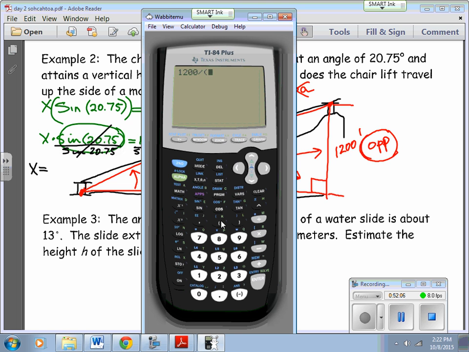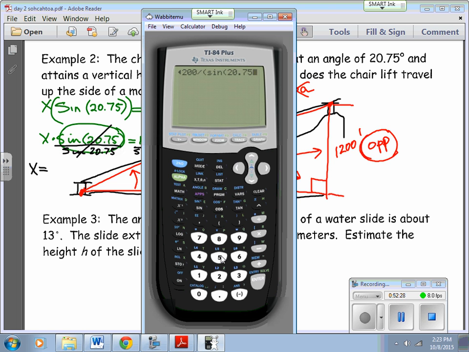You can say, all right, I'm going to put a parentheses because I want the sine of 20.75. And you notice when I typed in the first parentheses and then I hit sine, sine has another parentheses there.